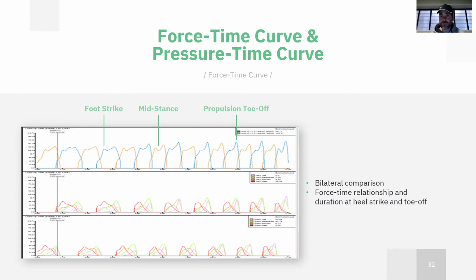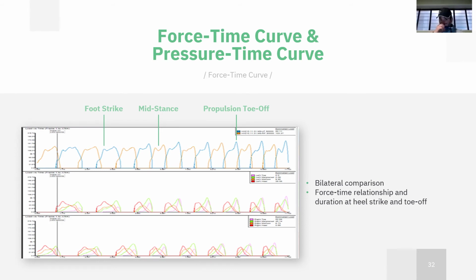We can use this type of data and curves to make a bilateral comparison between left and right side, and also by analyzing the force time relationship and the duration at heel strike and toe off, if there is a delay, or if the timing of heel strike and toe off is similar between left and right side.